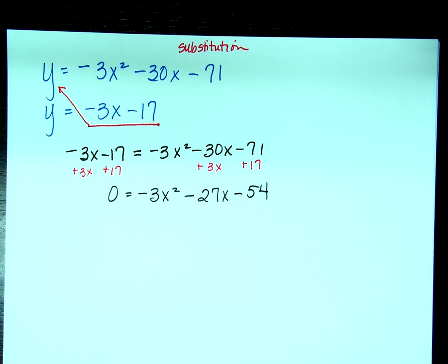What are my three options at this point? Completing the square, yes. Factoring. Quadratic formula, exactly. Okay. Which way do you want to try for this one? Quadratic formula? Okay.